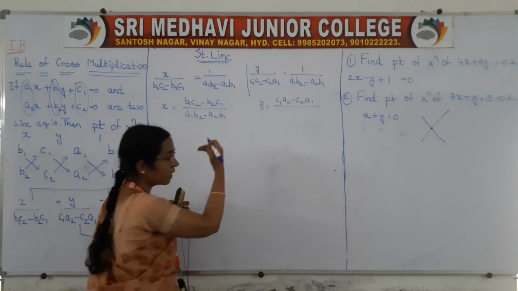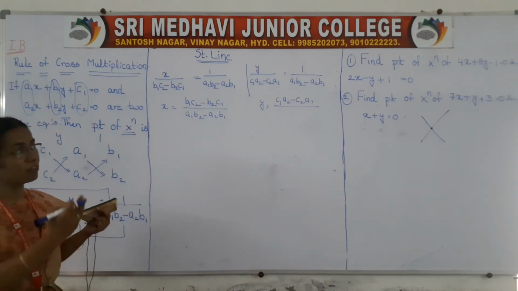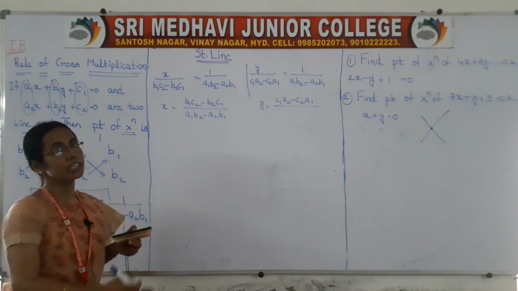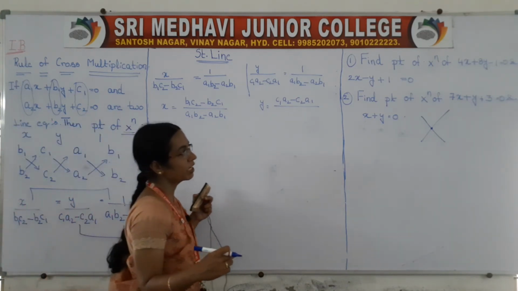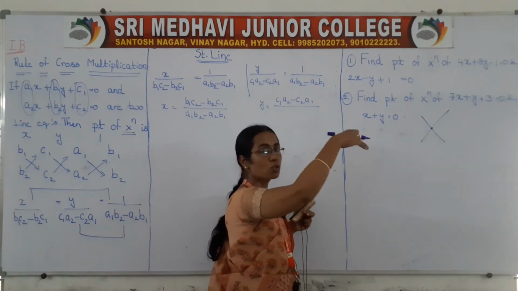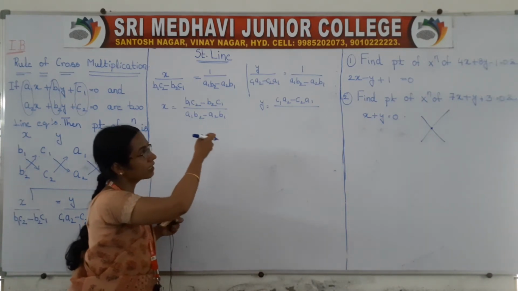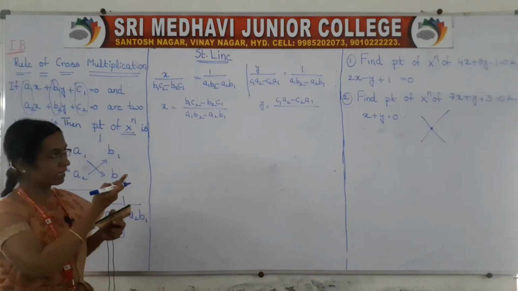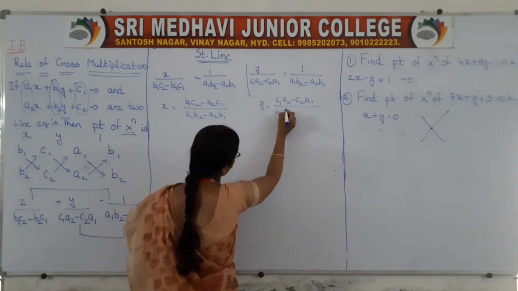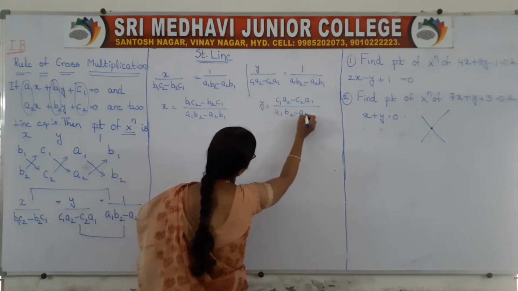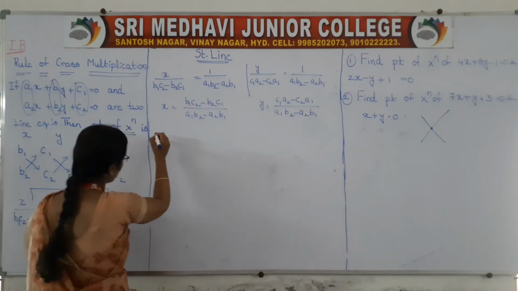So we are trying to find the x and y values. We are solving two line equations, and that is called the point of intersection. What is meant by point of intersection? We solve the two line equations so that at the end you get x and y, which is called the point of intersection of two lines. The denominator is a1 b2 minus a2 b1.